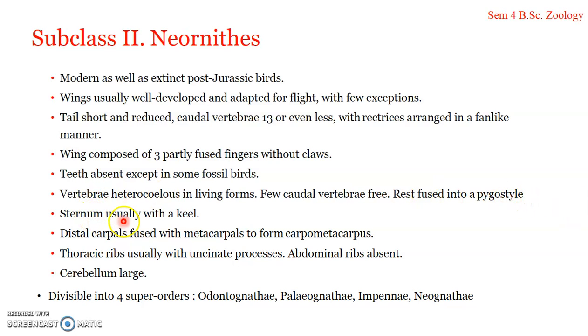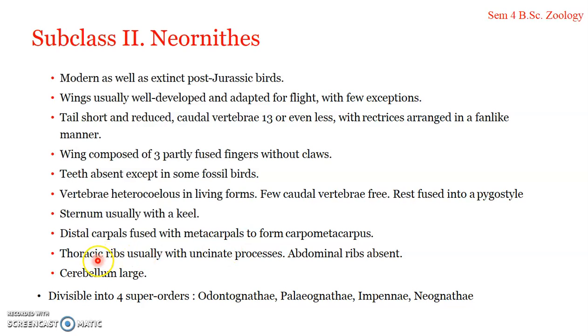The sternum is usually with a keel, and the carpals are fused with metacarpals distally to form a structure known as the carpometacarpus. When we study the type species, we'll look in detail at the skeletal system and see how it forms the carpometacarpus. Here the carpals and metacarpals are fused, but in Archaeornithes they were completely separated.